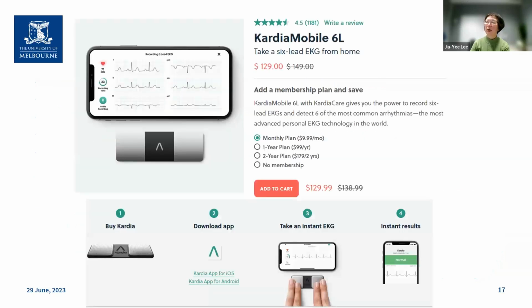So I just want to highlight an example, using Cardia or the AliveCore product, of how the company is making money. The company has not just the hardware itself, but it has a subscription model.